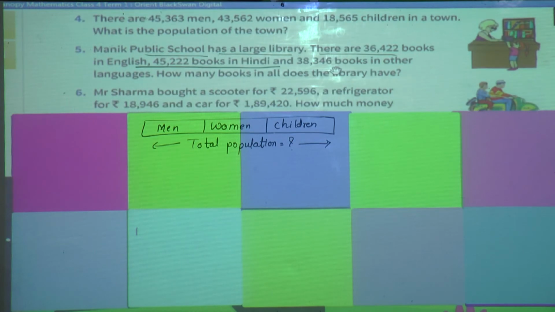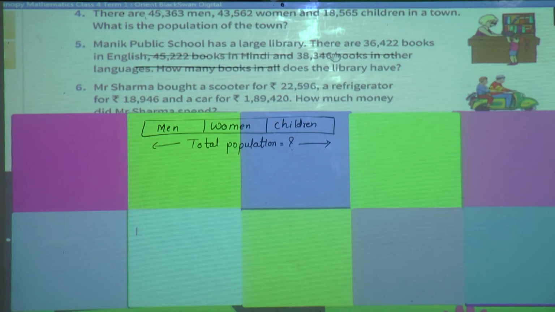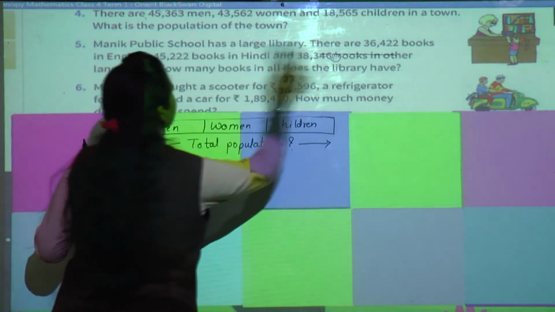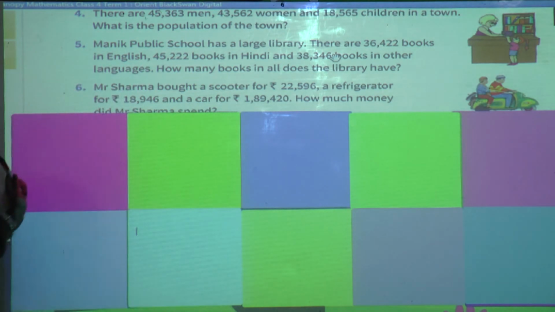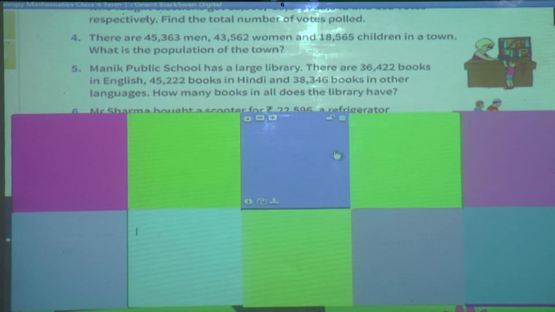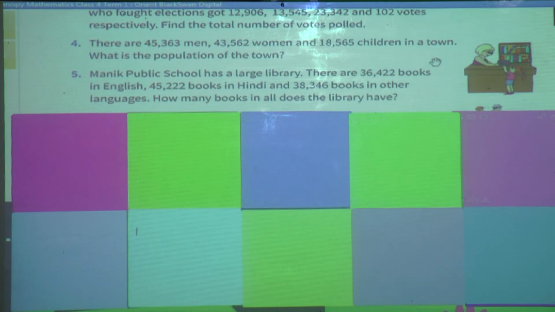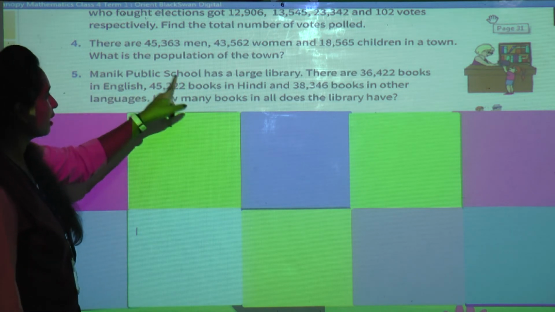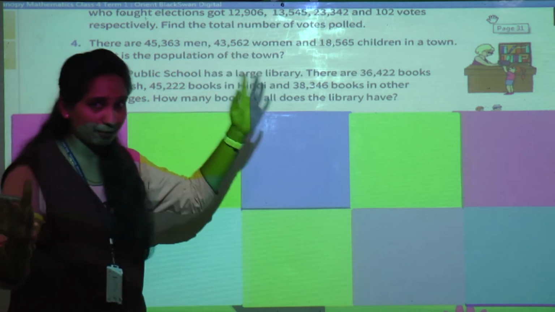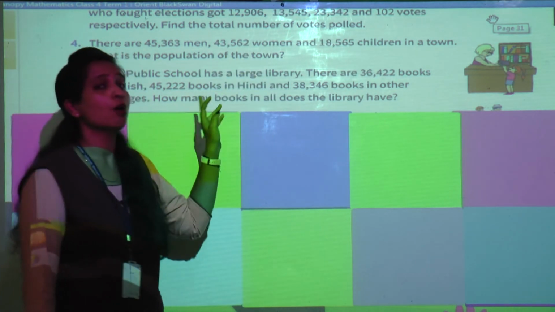Now we will solve the 5th one. See the 5th question. Manik Public School has a large library. So they say one school.